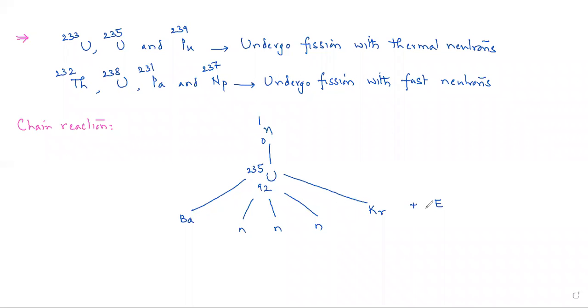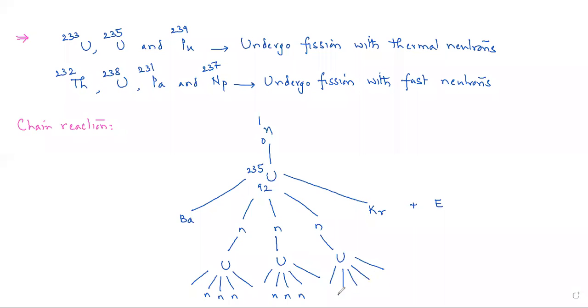Now, these 3 neutrons are called secondary neutrons, and they are again captured by 3 uranium nuclei, on which again we get nine neutrons plus, of course, 3 energy. I mean, every time 3 neutrons and 1 energy.